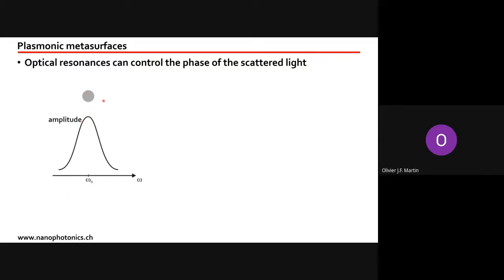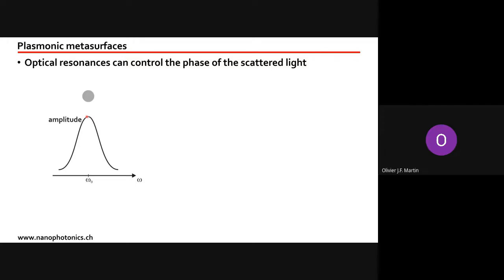So for example, I have a small metal nanostructure, I shine light, and when I have the right resonance wavelengths, then at this resonance wavelength, I have a strong peak in the intensity of the scattered light. This is also what I explained at the beginning when I was briefly describing the plasmon resonances.